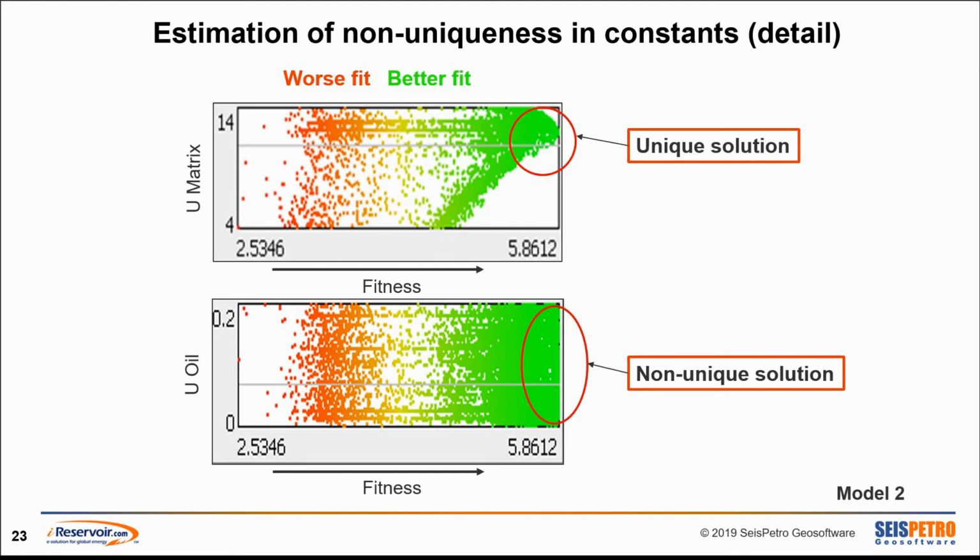When the values that are tested for every parameter cluster around a certain point for the best fitness, we say that the algorithm is tending towards a unique solution, like in the example that is presented here with the cross plot of fitness versus U of the matrix. On the contrary, when the best fitness can be reached with many different individuals, we see that we are in the presence of a non-unique solution for that range of values.